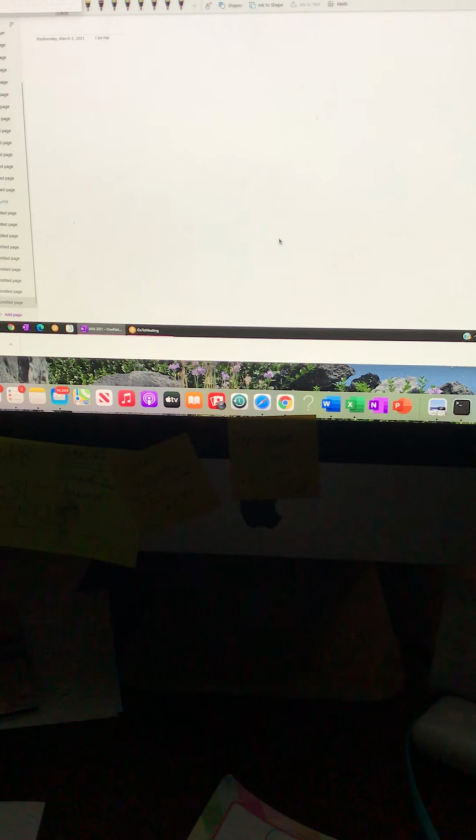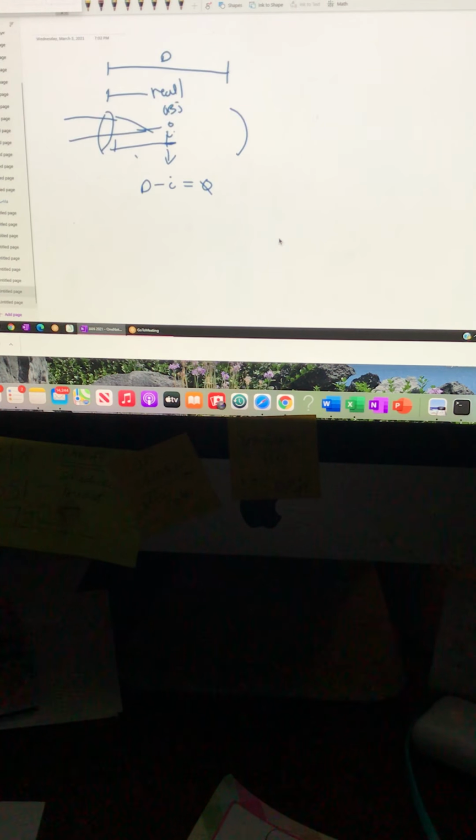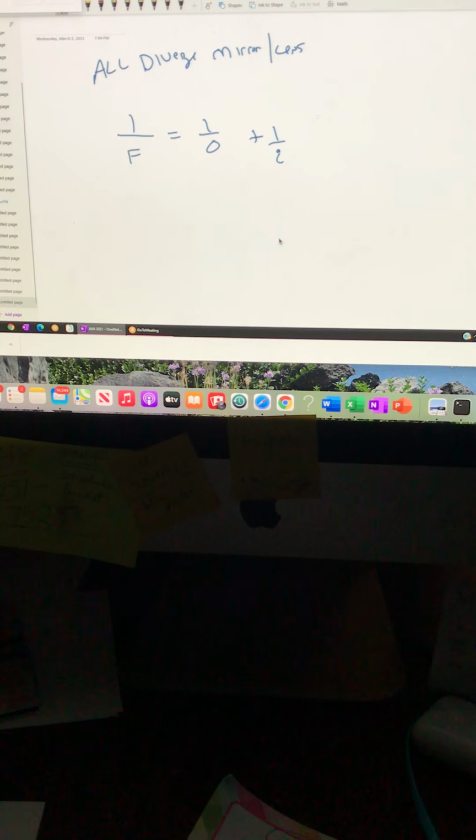Okay, I think we kind of get that now. Mirrors, lenses, looks pretty good. Oh, by the way, if you think about it, all diverging mirrors and lenses, look what this says now: 1 over F equals 1 over O plus 1 over I. What does I have to be?